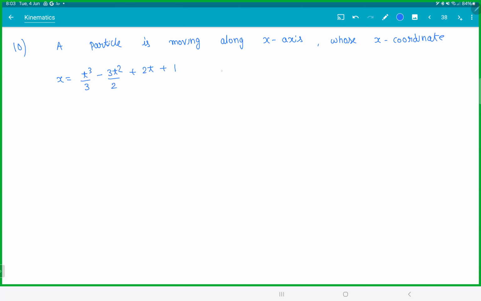This is the x coordinate. Find distance traveled in 3 seconds.